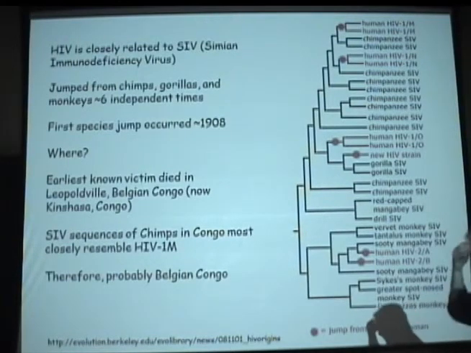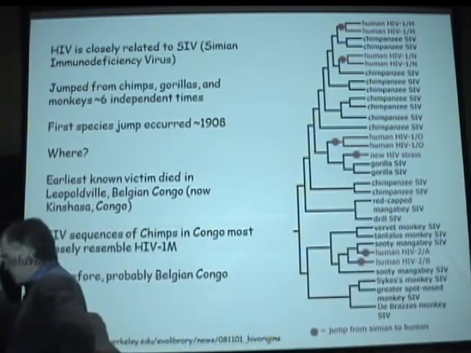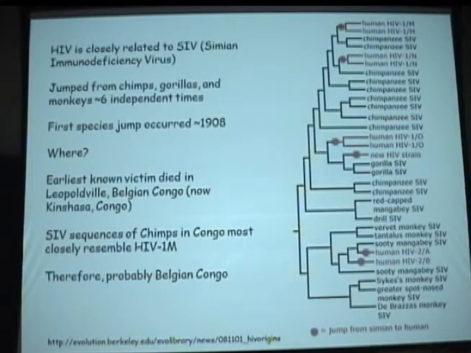Where did it happen? Well, back to that 1959 victim. That victim died in a city, Kinshasa, which was Leopoldville, in what was then the Belgian Congo. You can sequence HIV, and of all the different SIVs, ask which ones most closely resemble the pandemic strain, the most serious world pandemic, and where they are located geographically.